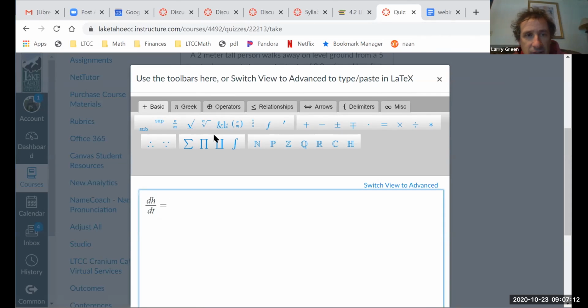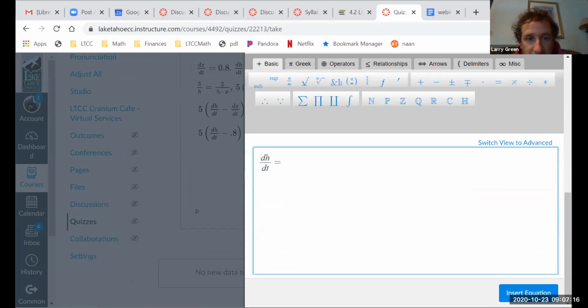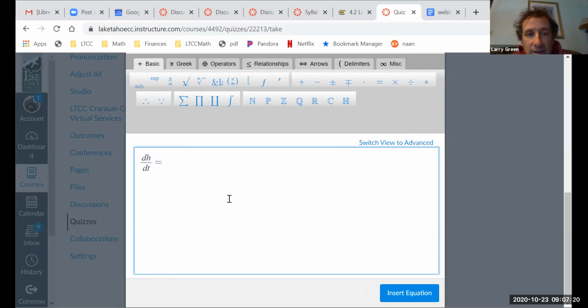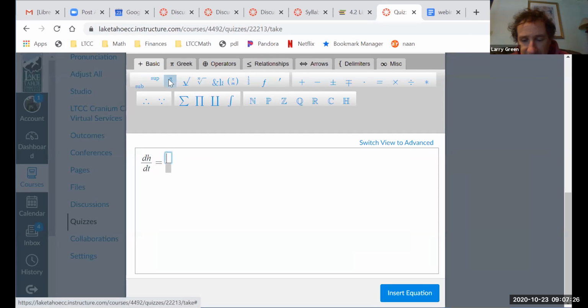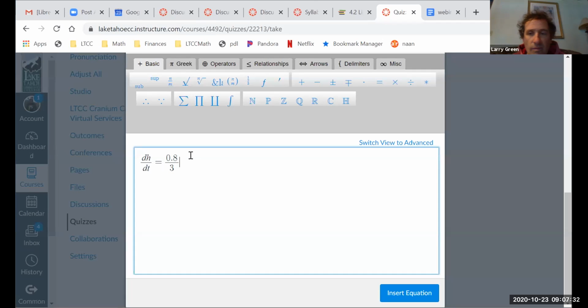is equal to, and it was, let me try and remember again. I think it was 0.8 divided by 3, I believe. And I'll double check because I can't see the question as I'm going.